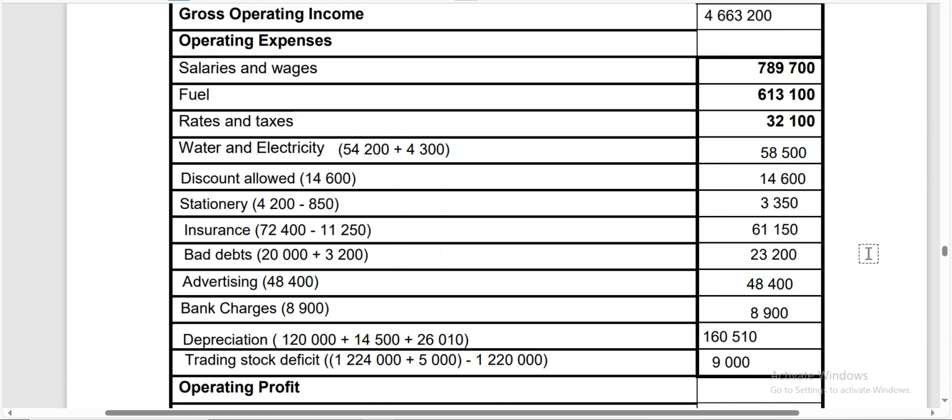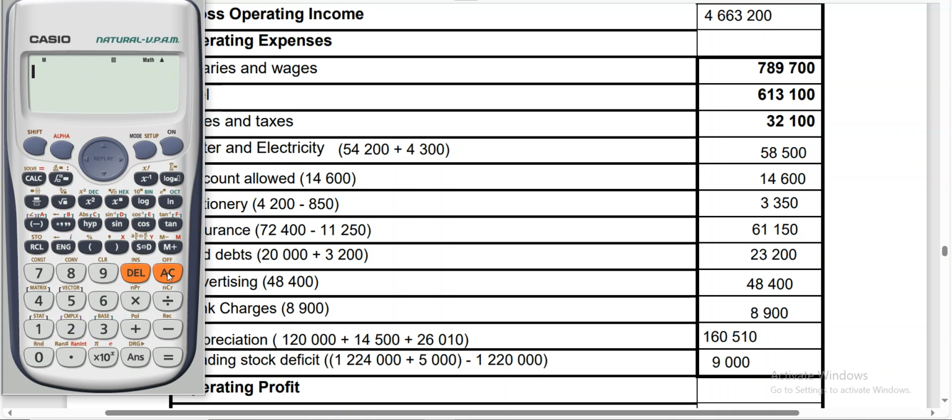Okay, so we're going to start: 789,700 plus 613,100 plus 32,100, and then also plus 58,500 plus 14,600, and then plus 3,350 plus 61,150, and then plus 23,200 plus 48,400, and then plus 8,900 plus 160,510, and then plus 9,000.